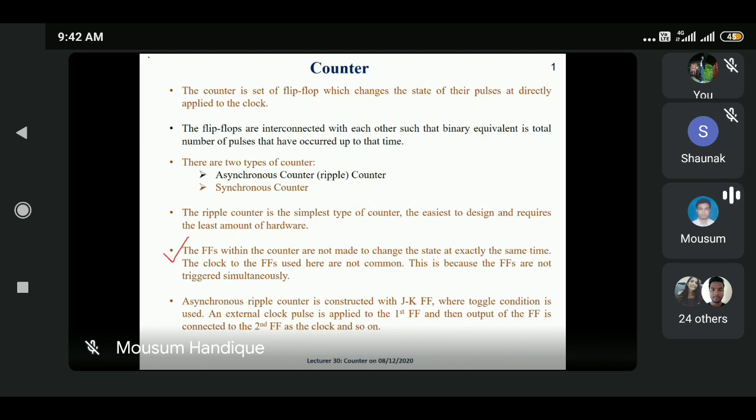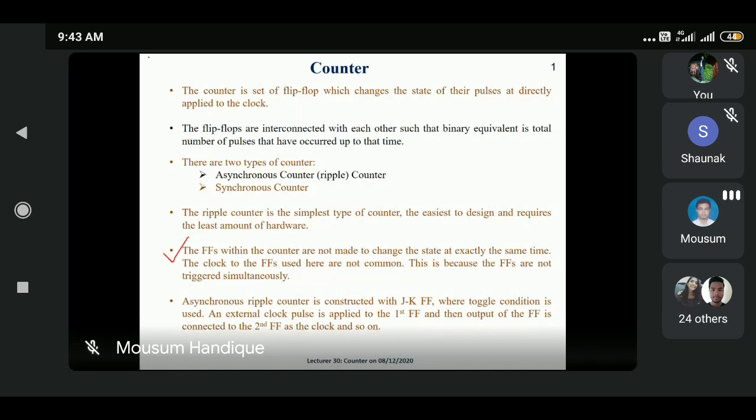When we use the asynchronous counter, always remember that one clock is applied to one flip-flop, and if we use another flip-flop, obviously a particular clock signal is required for it too. But remember, when we apply the timing signal, what happens at that time?